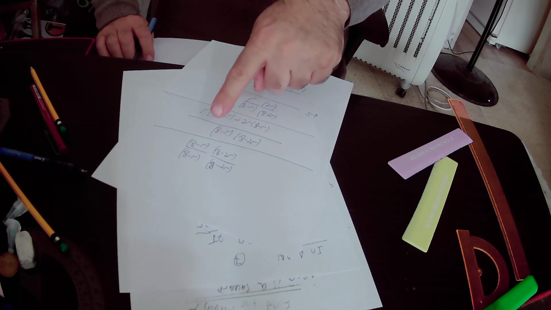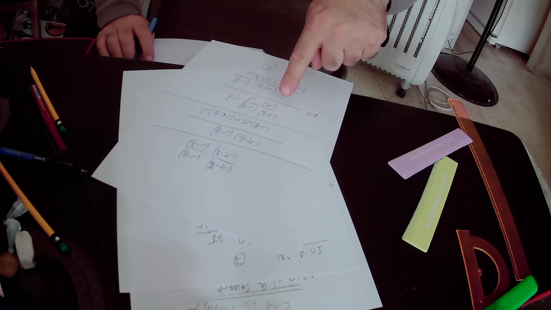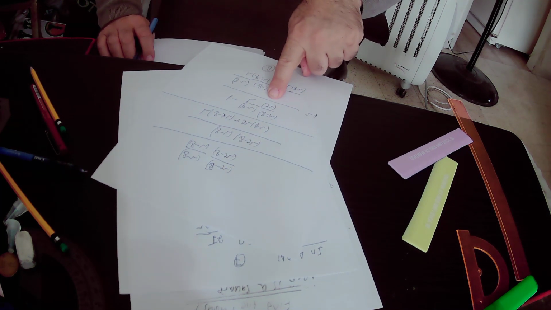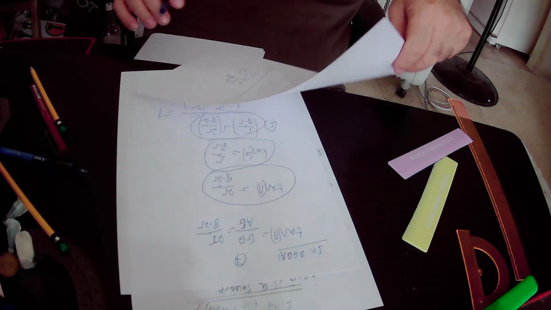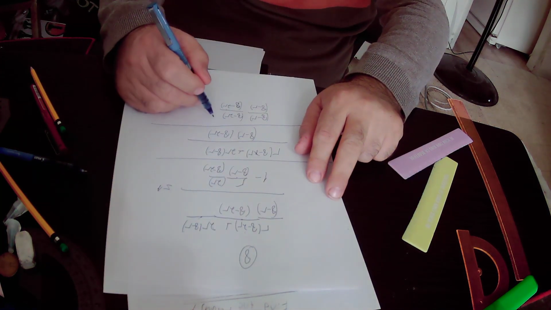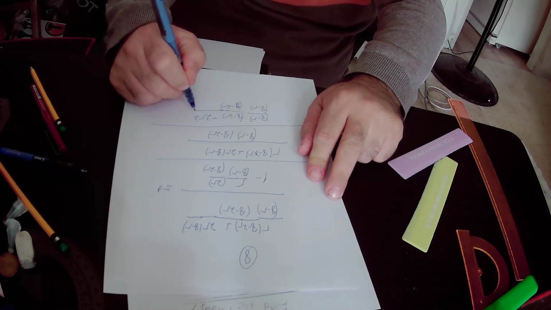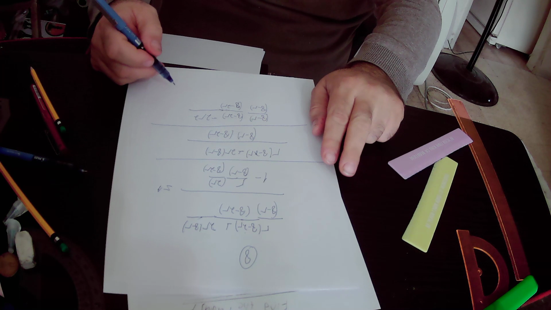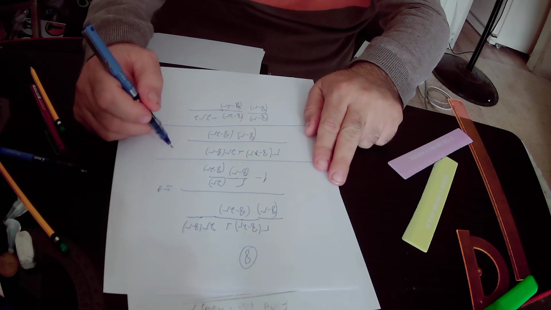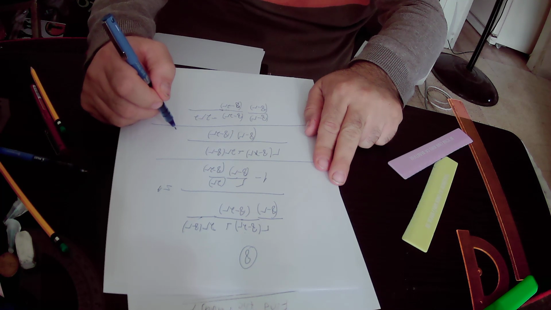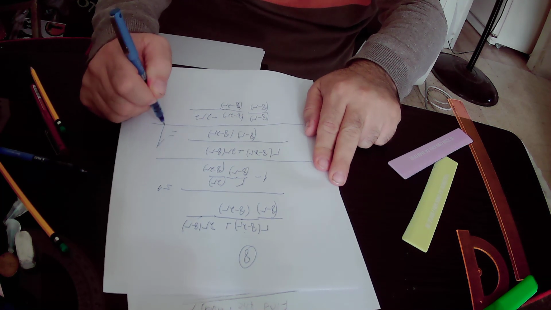We have the denominator that is actually 8 minus r times 8 minus 2r here, and in the numerator we have r times 2r that is actually 2r squared, so it will be minus 2r squared. All equals to 1, equals to 1.